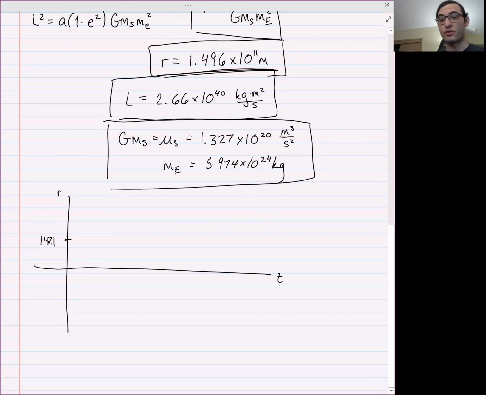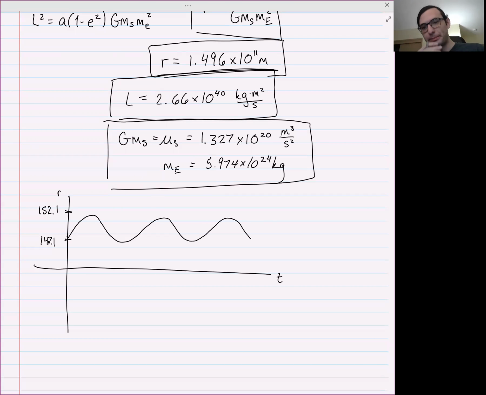And when the Earth is furthest from the sun, it'll be 152.1 units. And then it'll oscillate between the two because it gets closer and then further away and then closer. And because the Earth's orbit is approximately circular, it'll look something like this. And so if you were to plot this, you might say, oh, that looks familiar. In fact, that almost looks like harmonic motion. It almost looks like sine.